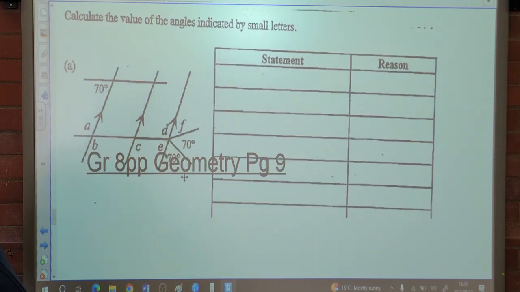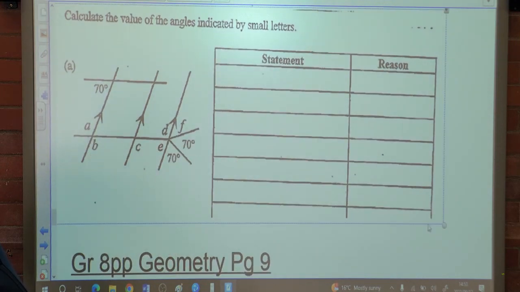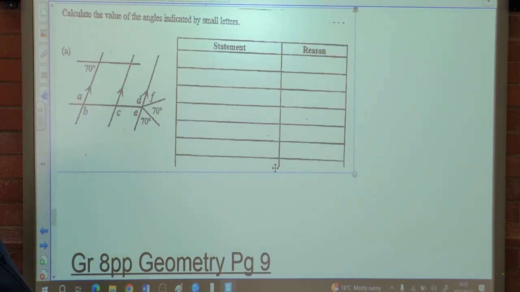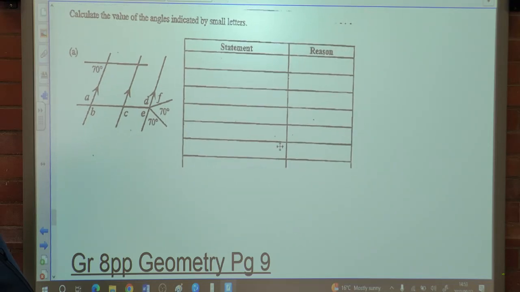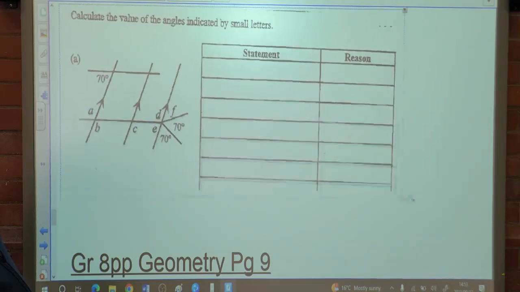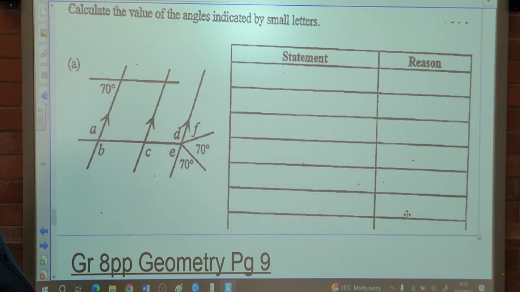This, also on the page I gave you for homework? Right. So here we are asked to calculate the angles indicated by small letters. Okay.